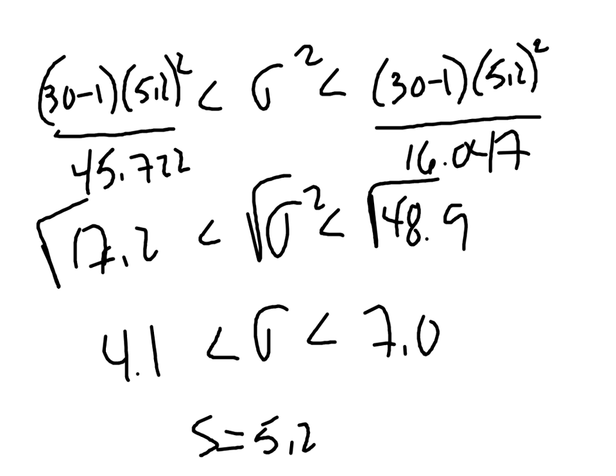So what we've done is we've added a little bit to 5.2 and subtracted a little bit from 5.2 to set up our 95% confidence interval. That's our 95% confidence level, which gives us the values for our 95% confidence interval.